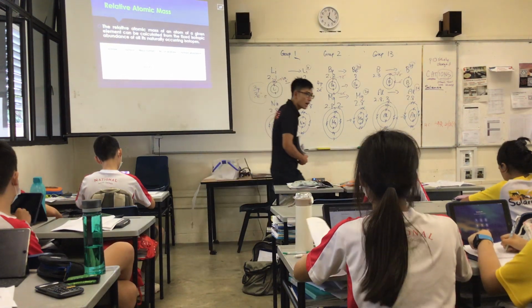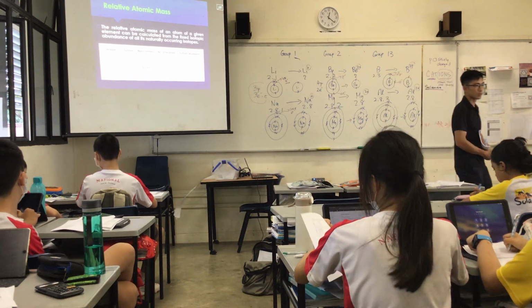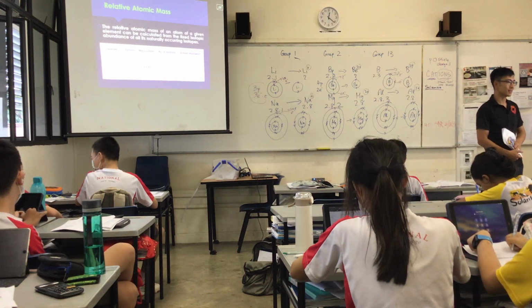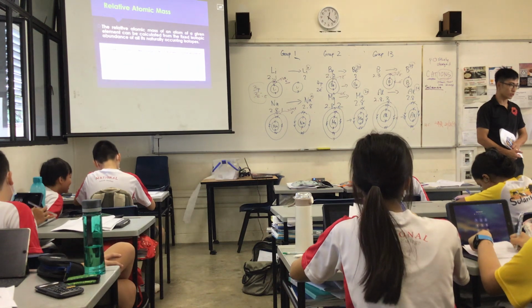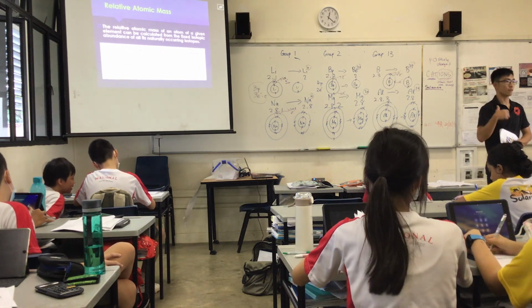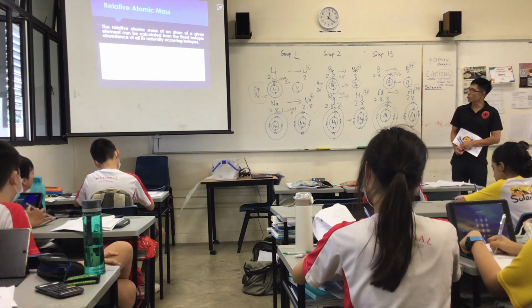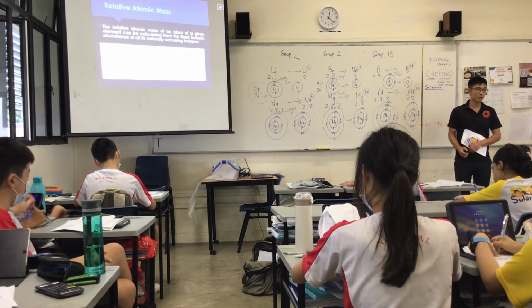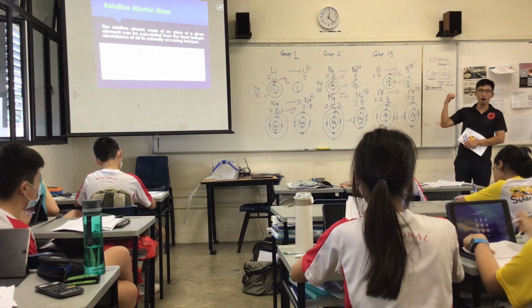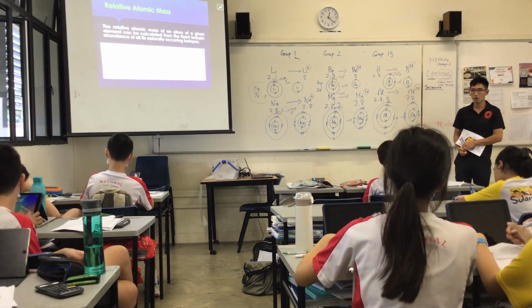Yes, there are negative charge ones and positive charge ones, but we just solve the positive ones. Elements in group 1, 2, and 13, they can lose electrons to form these positively charged ions or cations.